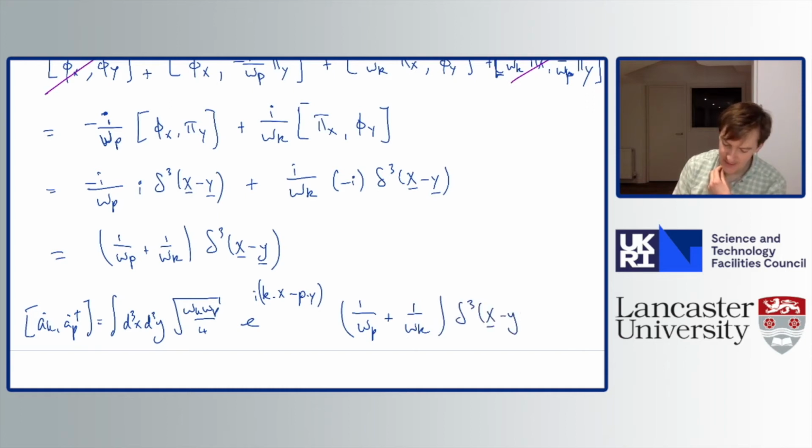This is nice because we can get rid of this delta 3 x minus y by integrating over one of the variables, d3x or d3y.